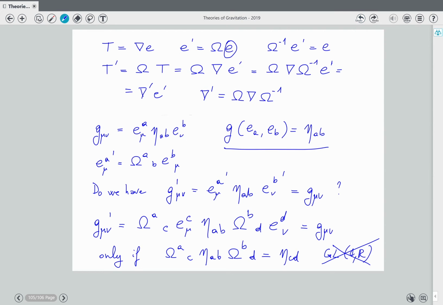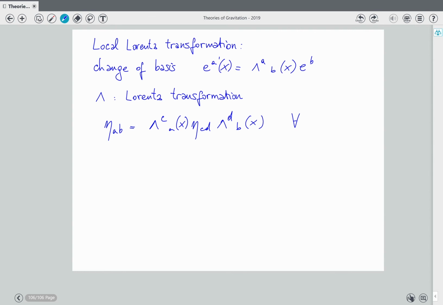what? Let's see some explicit examples, so that gives us an idea what we can do with a generic change of basis. A more general, so not a Lorentz transformation, a more general change of basis.